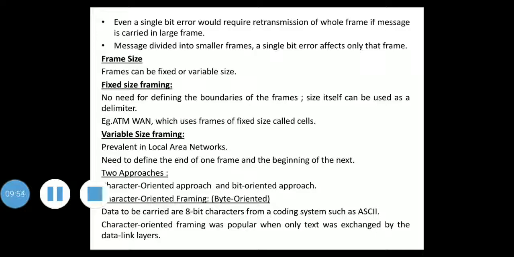In character oriented framing, that is byte oriented framing, the data to be carried are 8-bit characters from a coding system such as ASCII. There will be a header, which normally carries the source and destination addresses and other control information. The trailer carries the error detection redundant bits, which are also multiples of 8 bits.